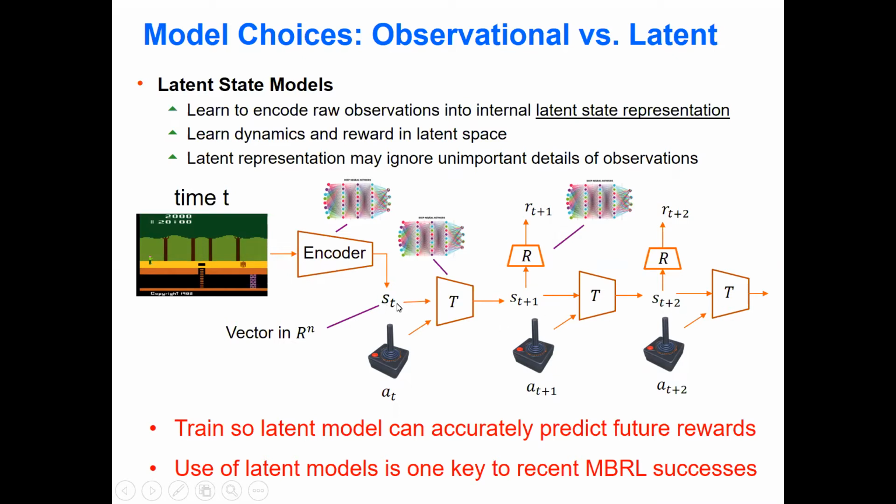They would have to be learned in an unsupervised way in some sense. But this idea has actually been done successfully in a number of recent systems for things like Atari, for things like continuous control problems. And as far as I can tell, it's one of the key reasons why we're starting to see success in model-based RL now.